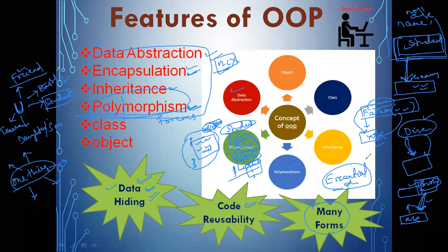Encapsulation is the grouping of data members and functions together in a single block to achieve data hiding. Inheritance is when the existing properties are used by other classes or other things inside the same program. Polymorphism is when one single object behaves differently at different instants of time. Clear?